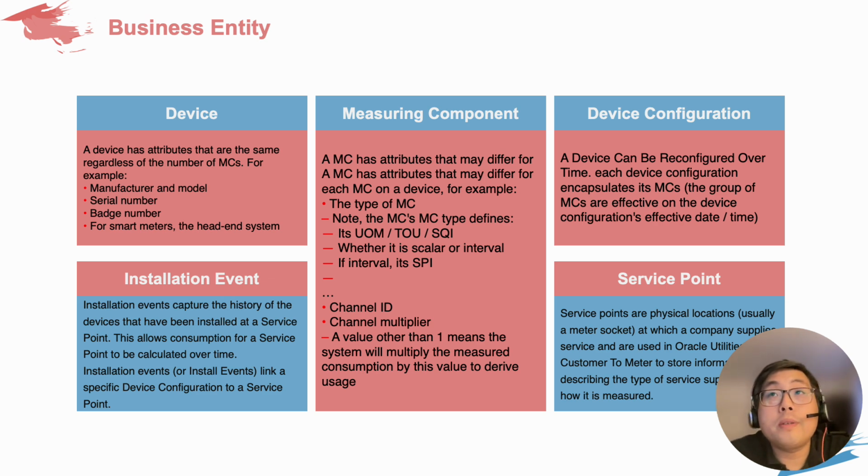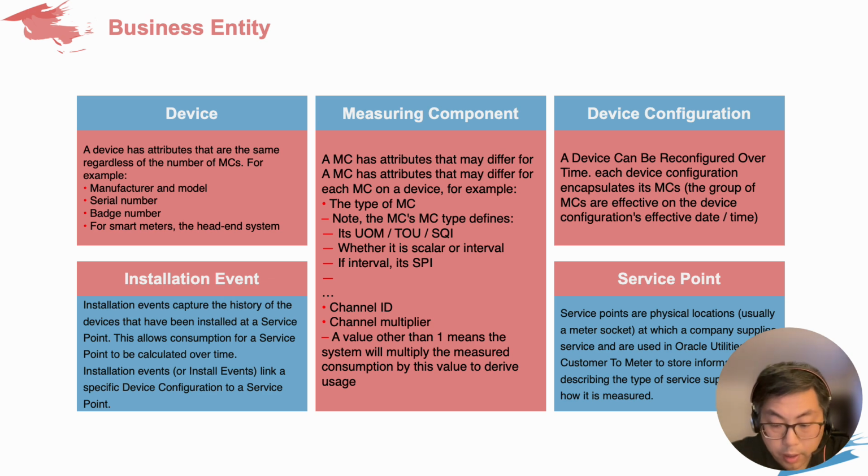Service points are physical locations, usually a meter socket, where a company supplies service, and are used in C2M to store information describing the type of service supplied and how it's measured.